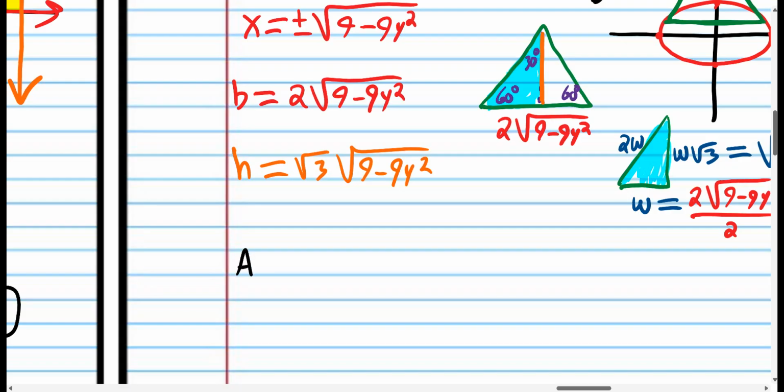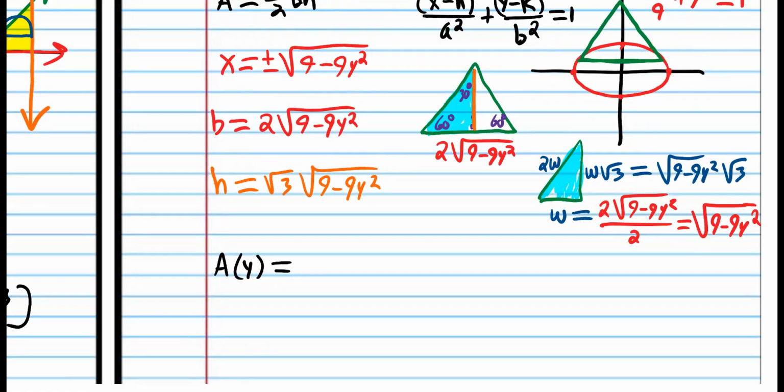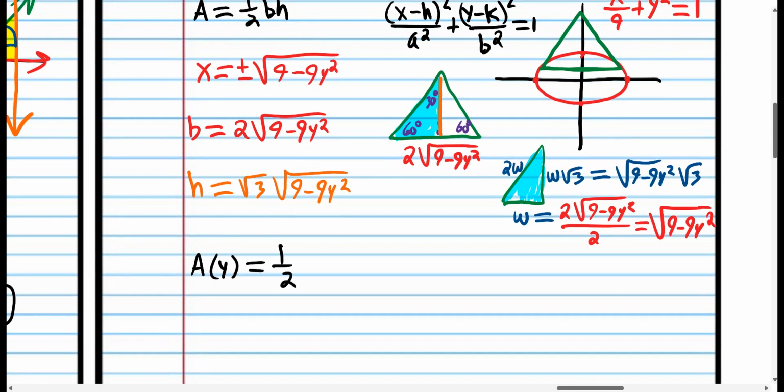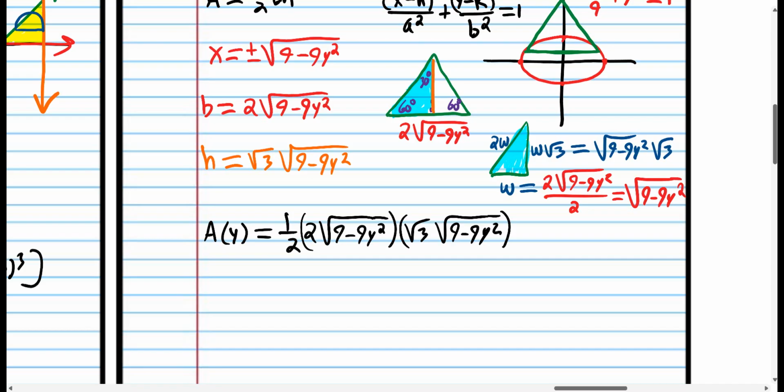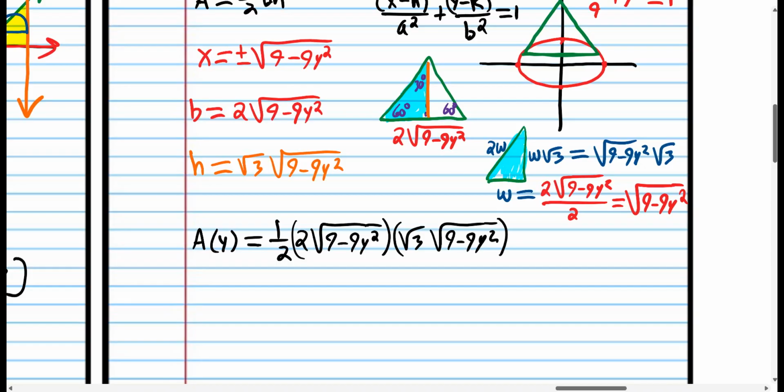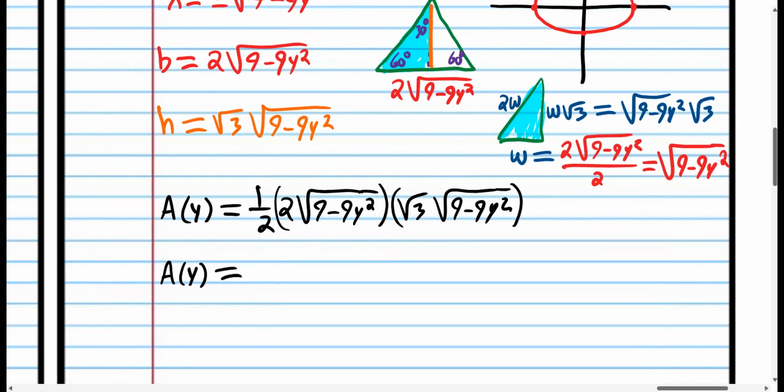So now the area, the cross-section area as a function of y, is 1/2 times the base times the height. And so now let's simplify that cross-section area expression. We get root 3 and then 9 minus 9y squared.